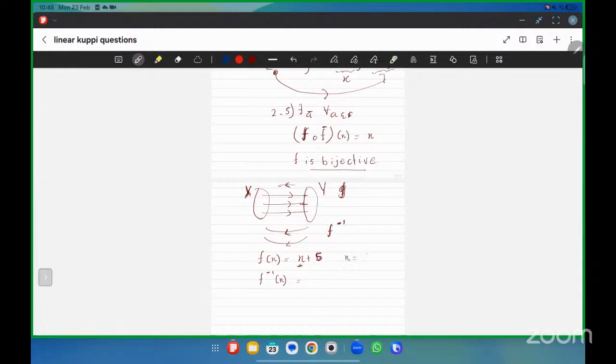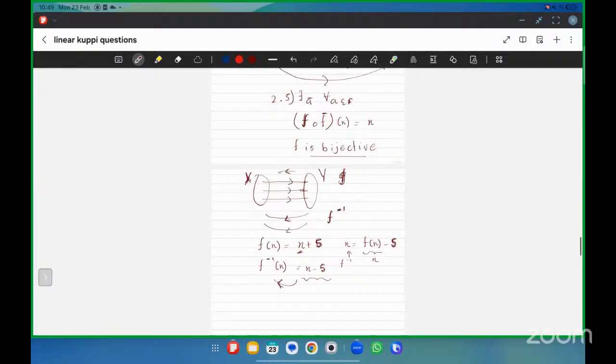So x is equal to fx minus 5. When we plug this in as f dash x, f dash x is equal to x minus 5. So if we input every y value, we can get every inverse value. Inverse value means the x value. Because it's bijective, we can argue that every function has an inverse function.